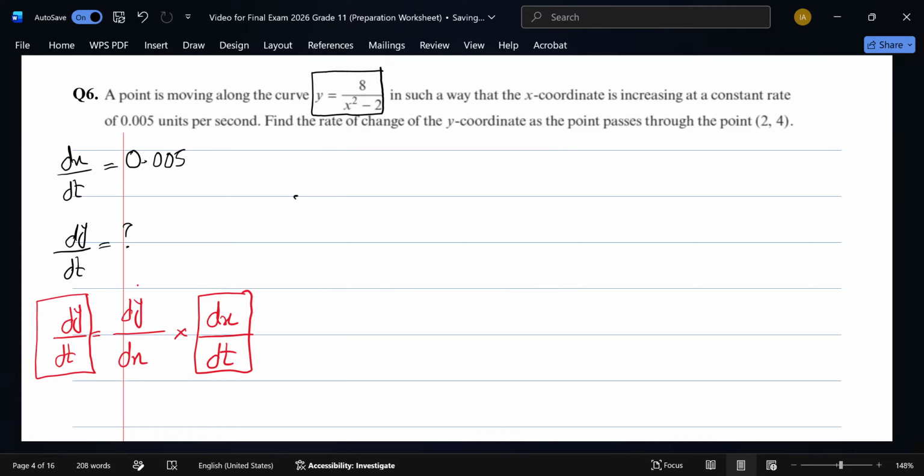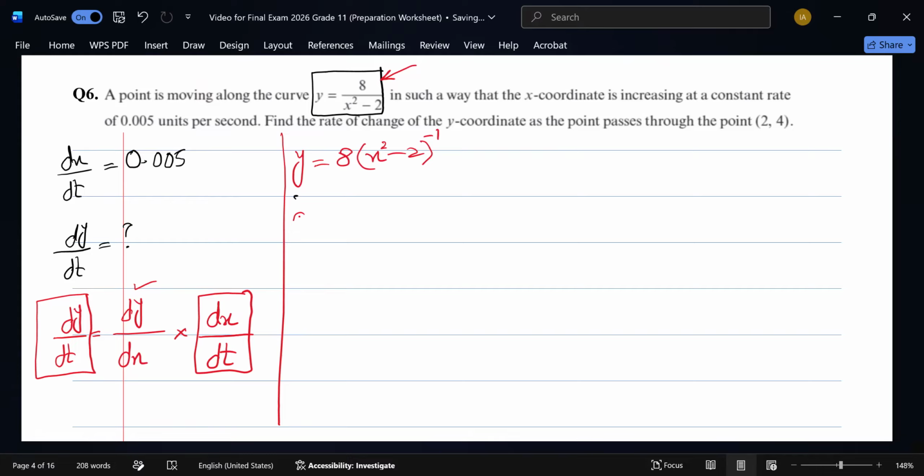And dy upon dx means I will differentiate this equation and I'll get dy upon dx. Okay, let's start differentiating this equation. But remember, before the differentiation, you must shift the whole denominator into the numerator. That's why the power becomes -1.